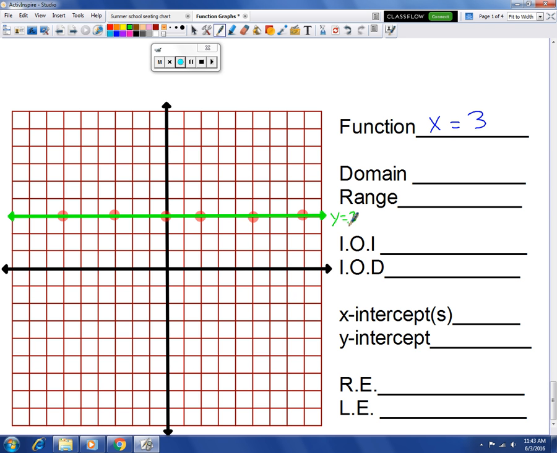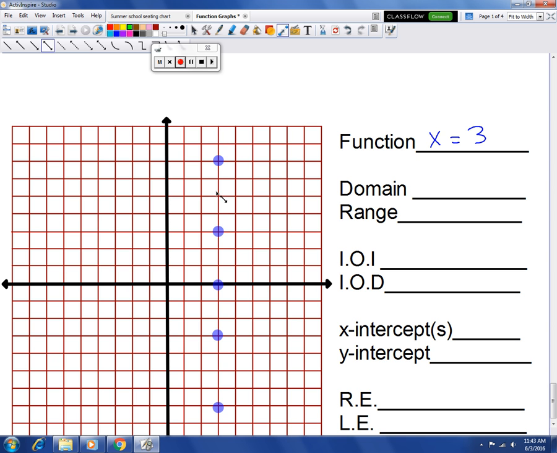So the way we do this line, we go wherever we go on the up and down and say, well, here x equals 3, and here x is equal to 3, and up here is x equals 3, and here's x equals 3, and here's x equals 3. So this one is a vertical line, and it's not a function.